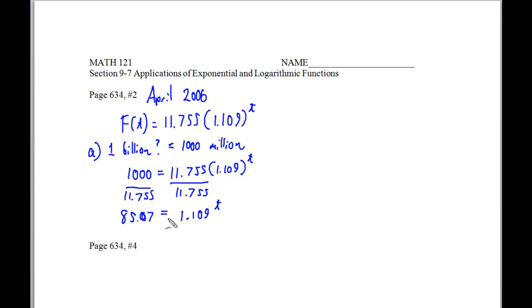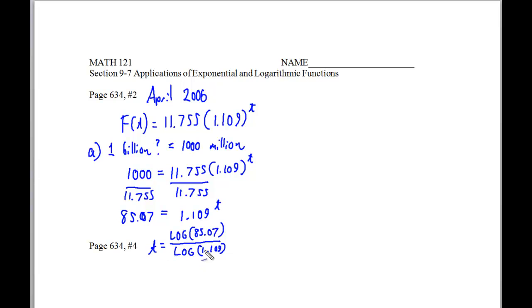From here, to find t, we're going to use the change of base formula. The change of base formula says the log of my answer divided by the log of my base will give me t, or that exponent.